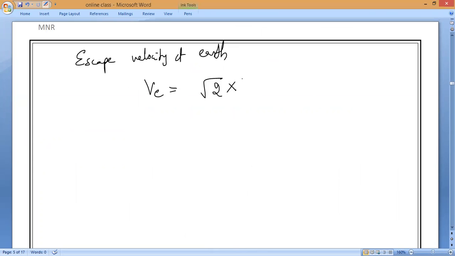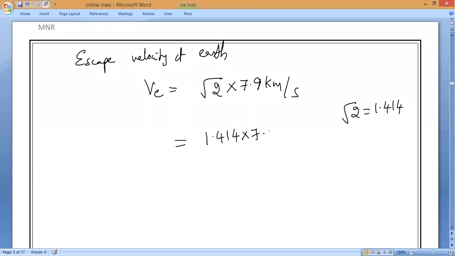So 7.9 kilometer per second. So if you multiply this, do that. Root 2 value is, all of you remember, 1.414. So do that everybody. 1.414 into 7.9 kilometer per second. All of you do that multiplication and tell me. Mithakshri, what happened?